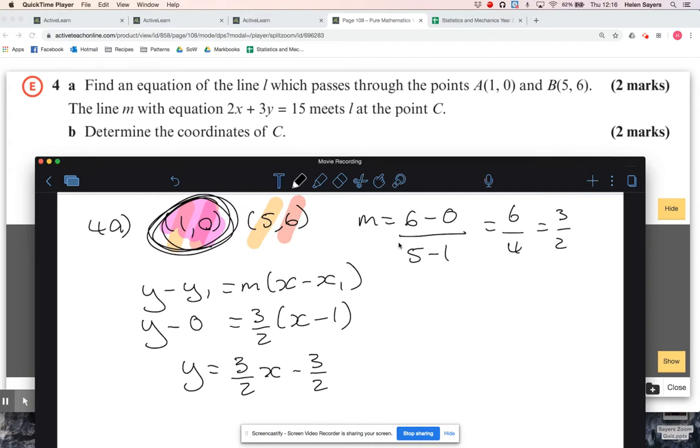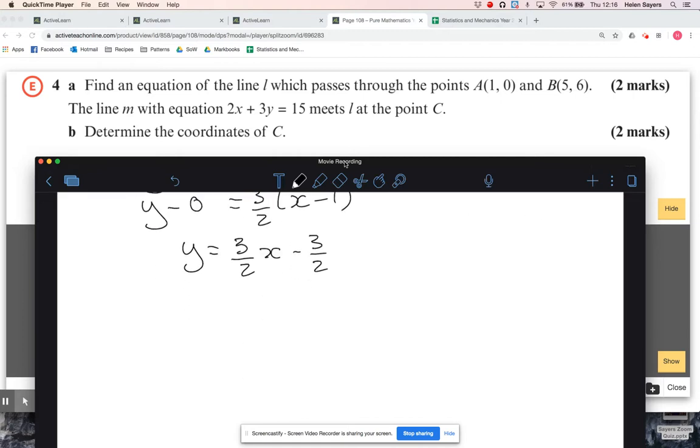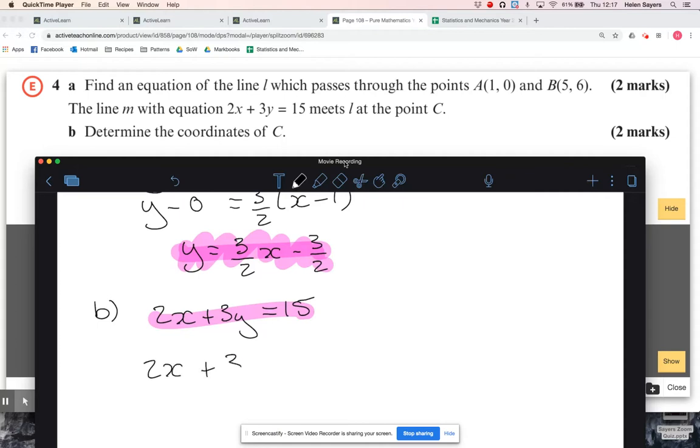Okay, and then this line I've just found intersects this line at C, and they want me to find C. So again, I think that's going to be all right. C is on 2x plus 3y equals 15. There are lots of options on how to solve those simultaneously. Because I've got y as the subject of this one, my best bet is to substitute that into the second one.